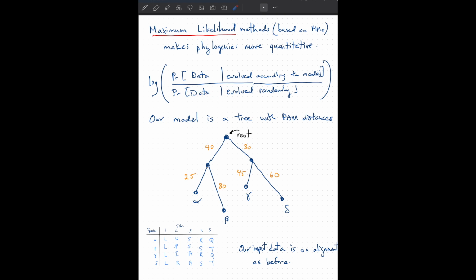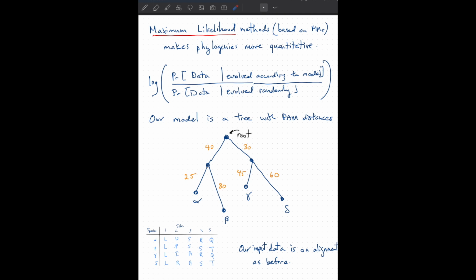That's our background. This down here is our background distribution, and this here is our model of evolution. So when there's more evidence for the model, this log ratio is going to be above 0. When they're equal strength, it will be 0. And when the random model is stronger than the model, it'll be negative.